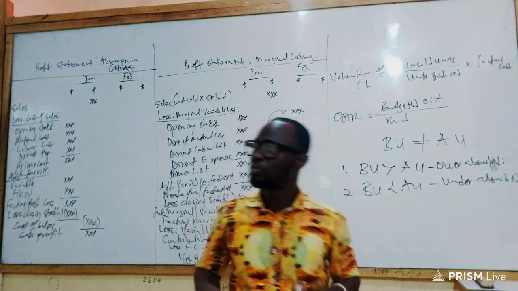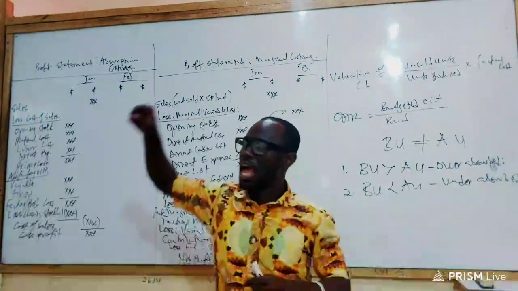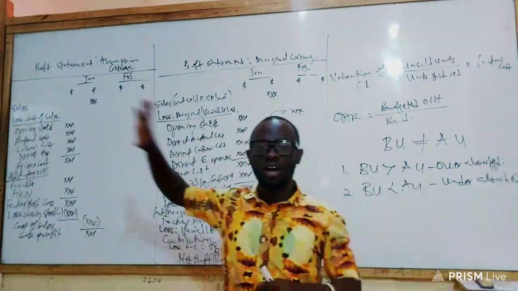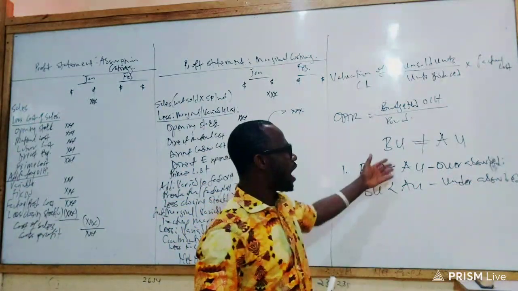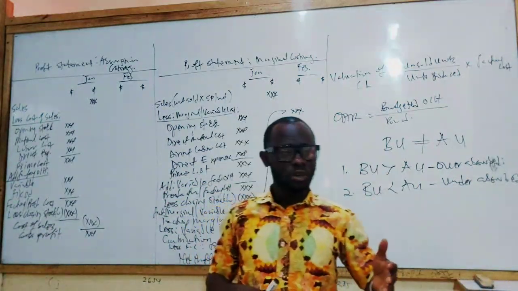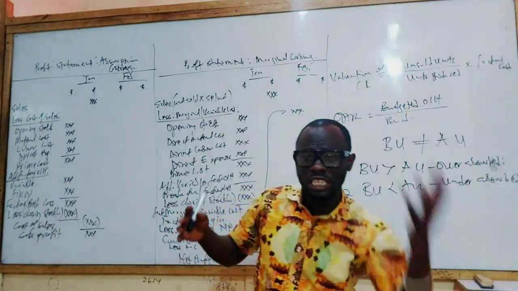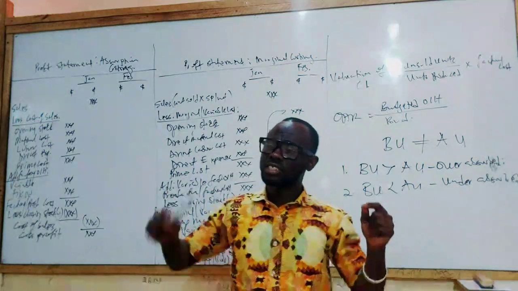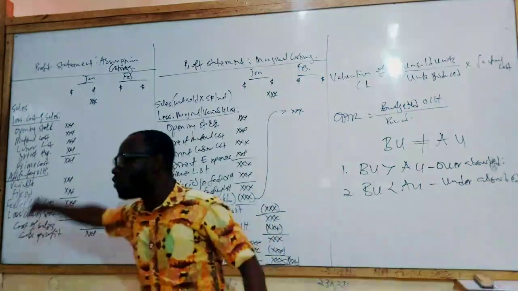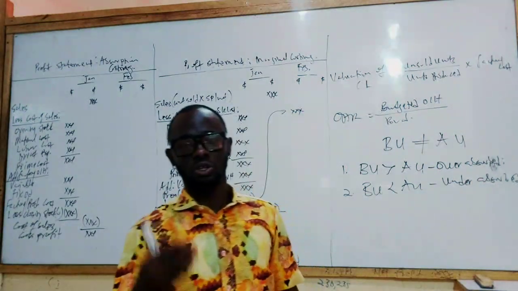So if we budgeted to produce 10,000 units, and based on that, we calculated an overhead absorption rate, but we realized that we actually produce only 5,000 units, that means we produce less than we budgeted. For that reason, we have charged more overheads than we are supposed to charge.